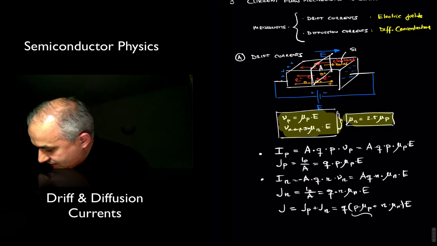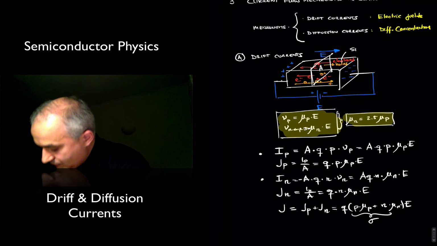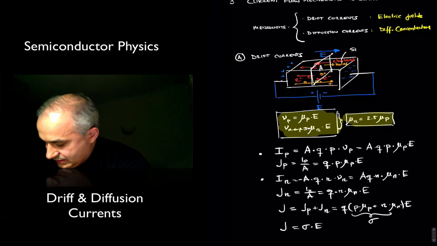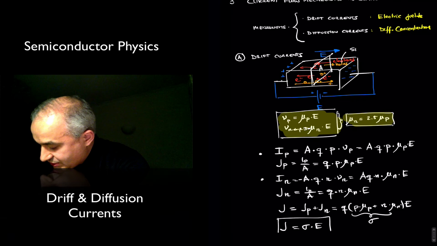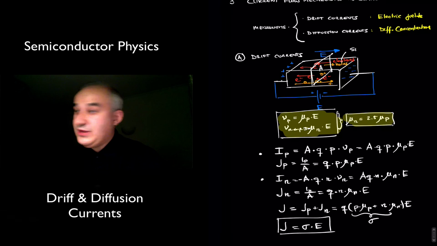And this thing here sometimes is expressed as the conductivity. So J equals the conductivity times the electric field. Really what you need to remember is that the current is proportional to the electric field by a conductivity, right?